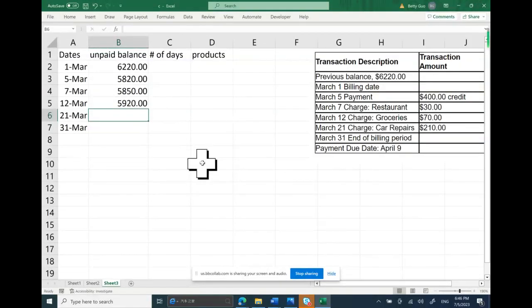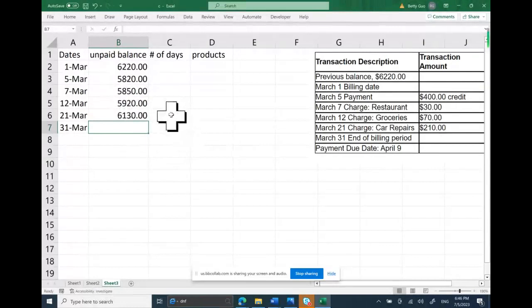So we're gonna use the previous balance, which is 5920 plus 210. Yeah, and that's the new balance, right? Yeah. So that's the last transaction, the last purchase on your credit card in that billing cycle. So we don't have any new purchases, and this balance is gonna stay until the end of the month, right?